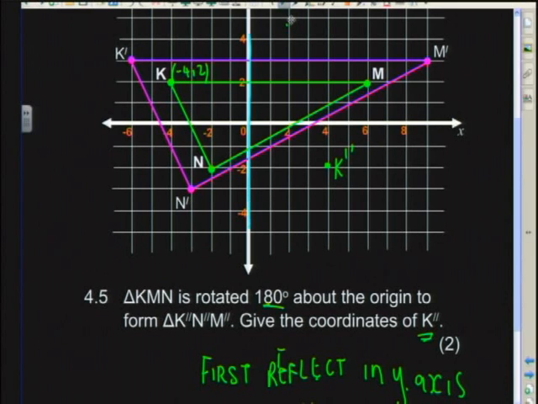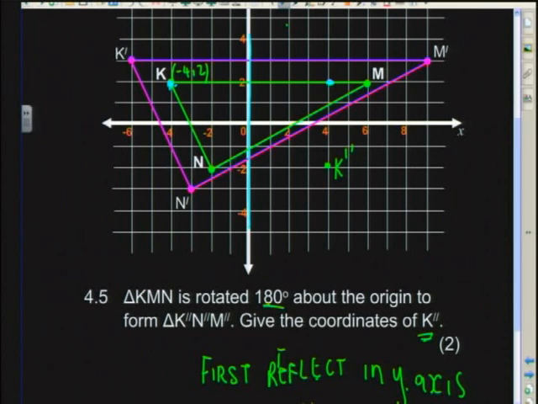So I'm going to reflect that point K on the y-axis. Remember what happens when you reflect in the y-axis? Negative x's become positive and positive x's become negative. So this point K is now going to move to that point there. That's the first thing we do.